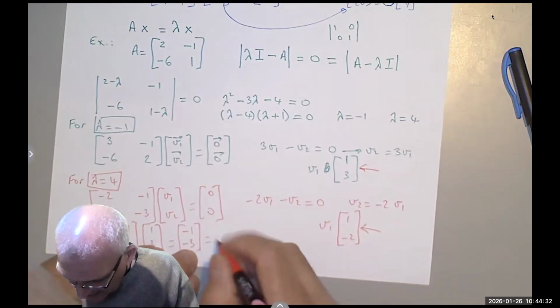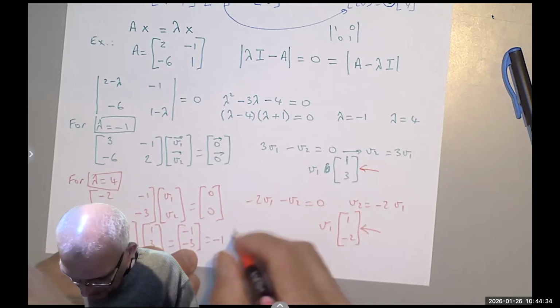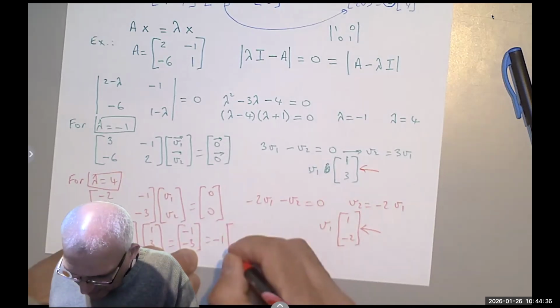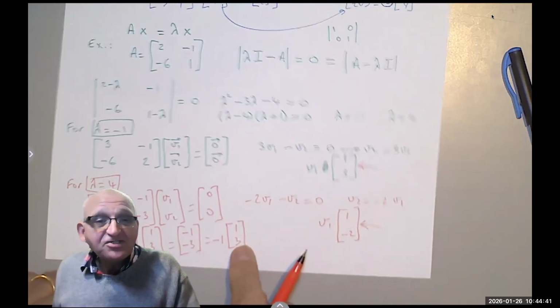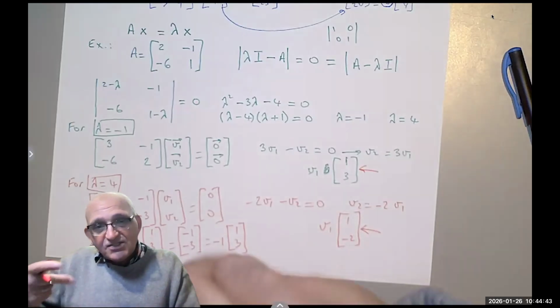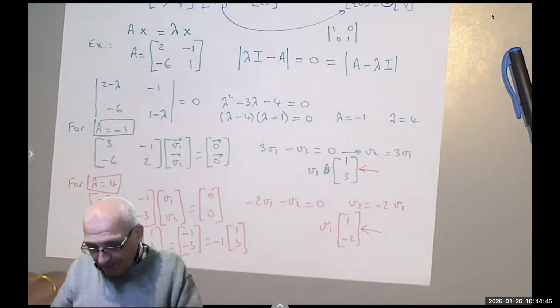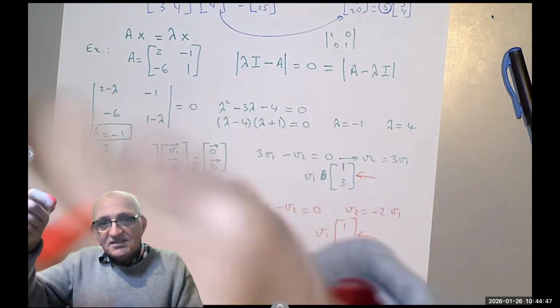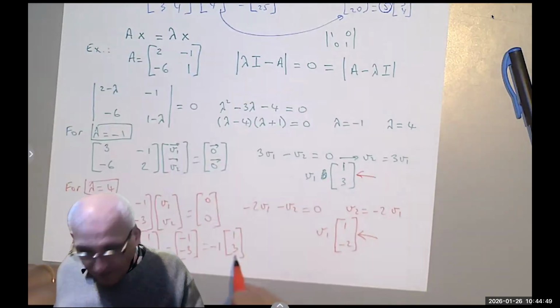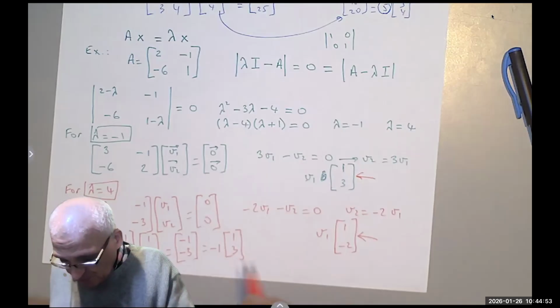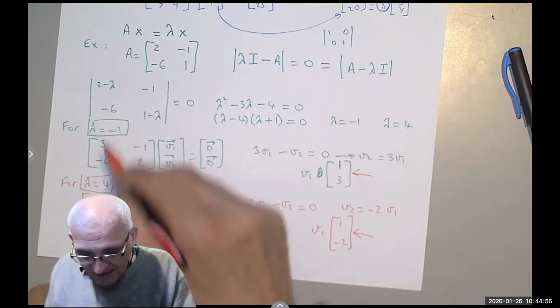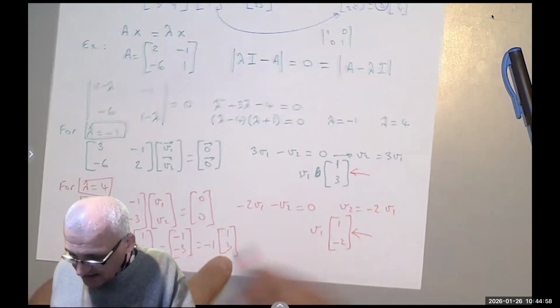Now, this can be written as -1 times the vector, I just wrote the 1 so you see it. So this vector didn't change direction. It just changed sense. Instead of pointing up, it's now pointing down with a negative slope, okay? So you see that the -1 is the lambda, and this is the vector.